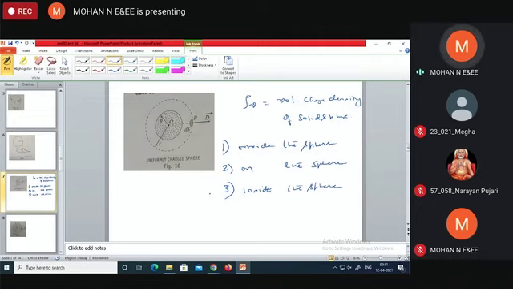So the flux is nothing but the charge inside the sphere. So we have to assume a Gaussian surface at each and every region, and then we can solve it.